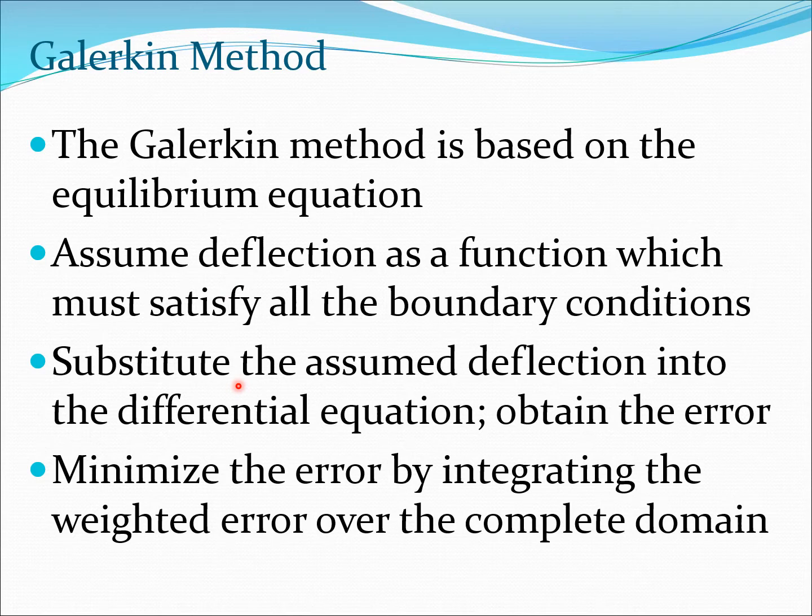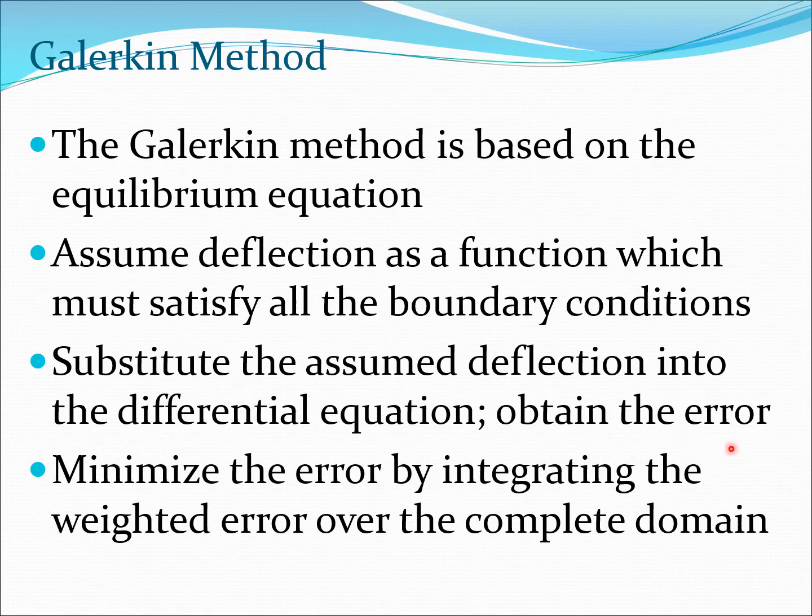Now the next thing we do is we substitute this assumed deflection into the differential equation. Now in general, this deflection is not going to be an exact solution of the differential equation because in most cases we do not know the exact solution. In those cases, you are not going to satisfy the differential equation to 0, you are going to obtain some small number.